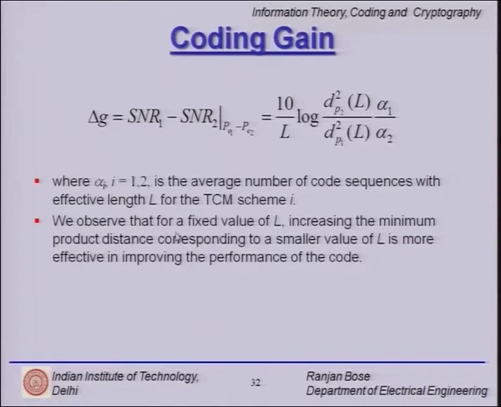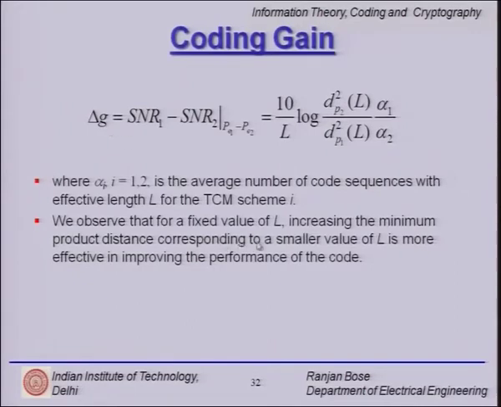We observe that for a fixed value of L, increasing the minimum product distance corresponding to a smaller value of L is more effective in improving the performance of the code, because the smaller value of L will give you a better gain.